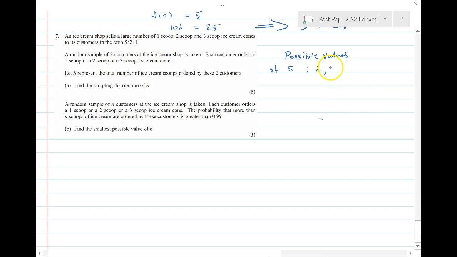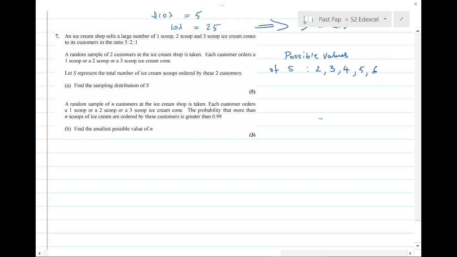It could also be 3 if one of them had 1 scoop and the other had 2 scoops. Could be 4, clearly. Either one of them has a 1 and the other a 3, or both of them have a 2. It could be 5 if one has 2 scoops and the other has 3 scoops. Or it could be 6 if they both have 3 scoops.